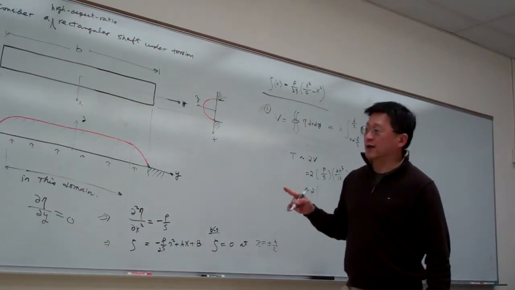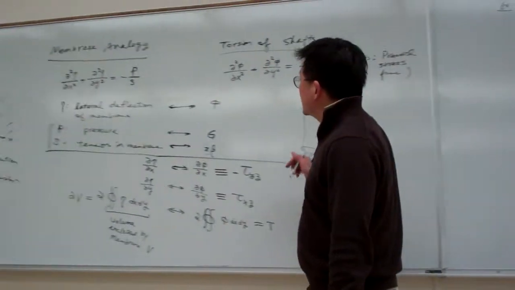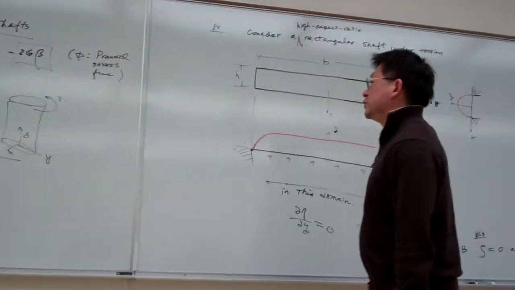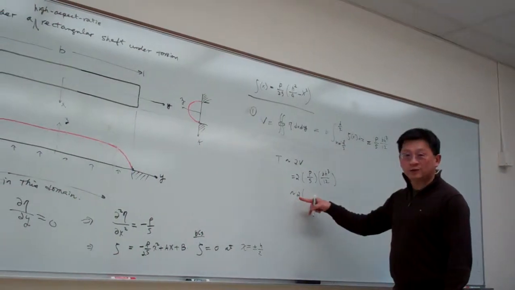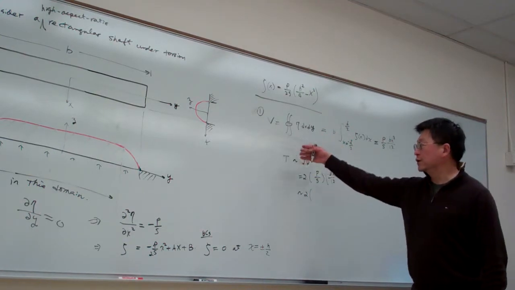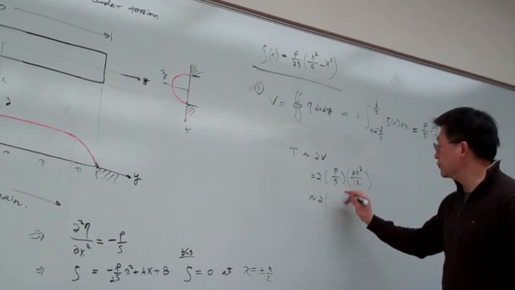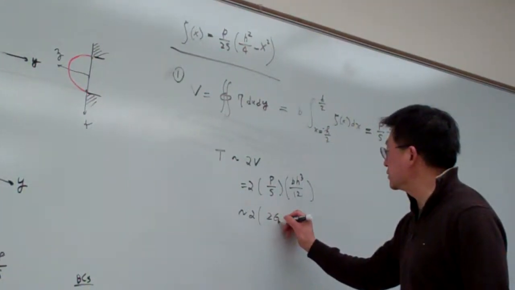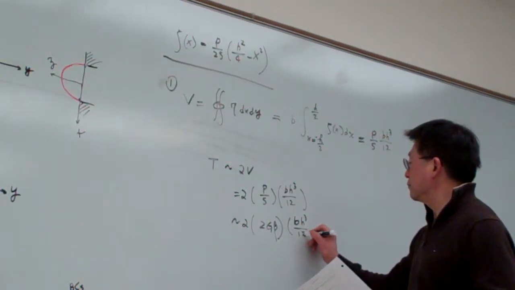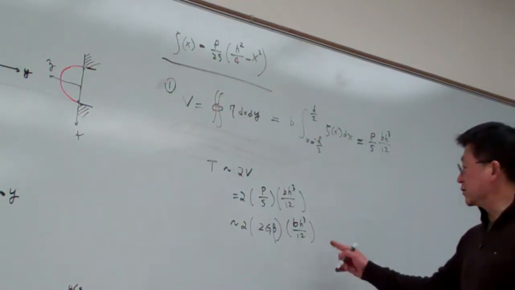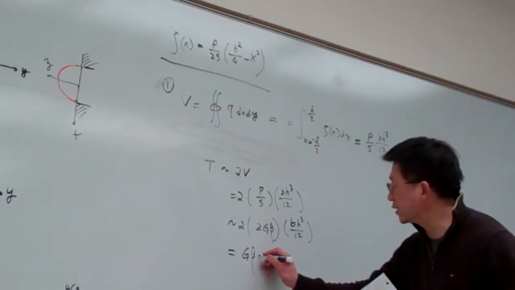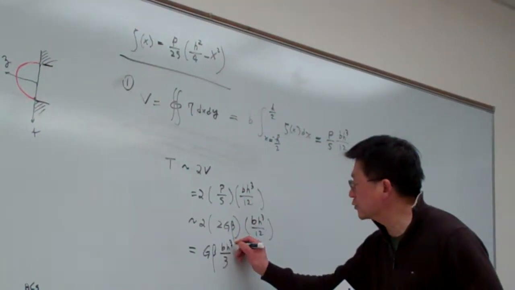So what is P over S? I reverse it. P over S basically is in analogy to 2G beta. So I'm jumping back and forth between making the analogy and our result. Let me keep writing. So this result gives us G beta times BH cubed over 3.